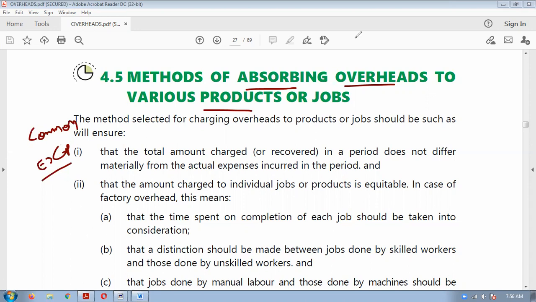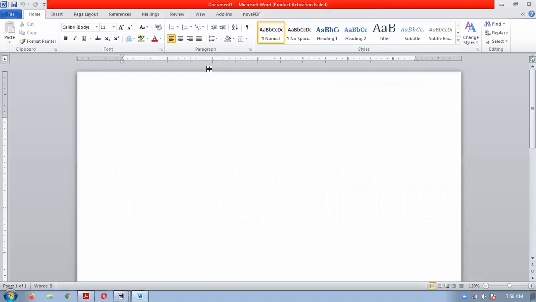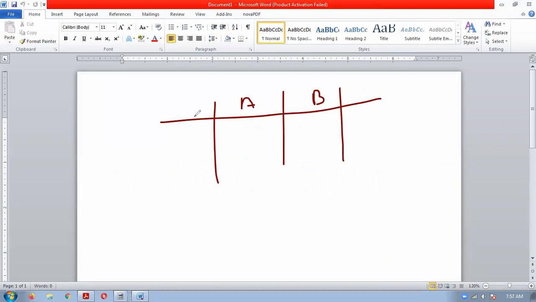For example, let us say two products are there, product A and product B. A company is producing two products, product A and product B. Let us take product A is furniture and product B is textile.